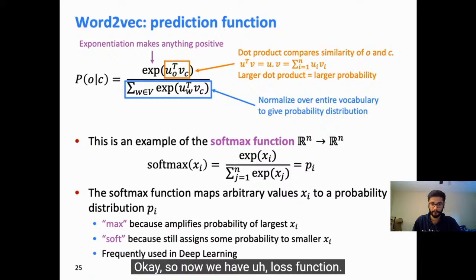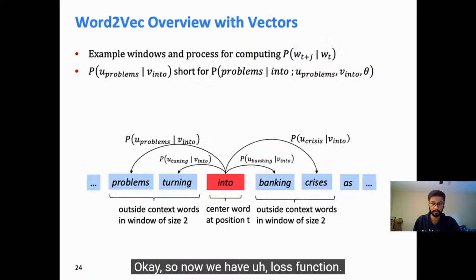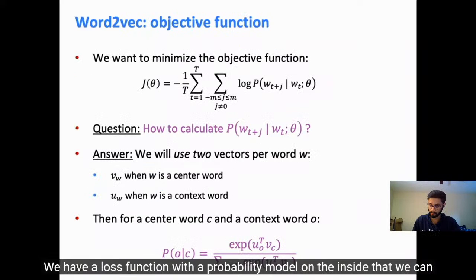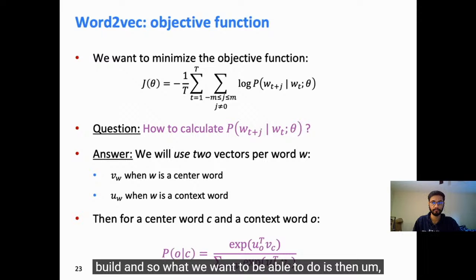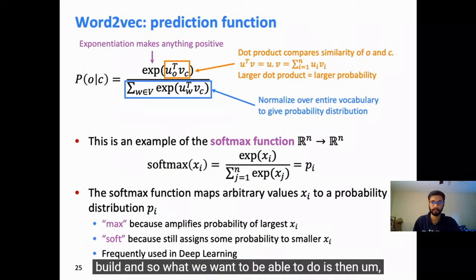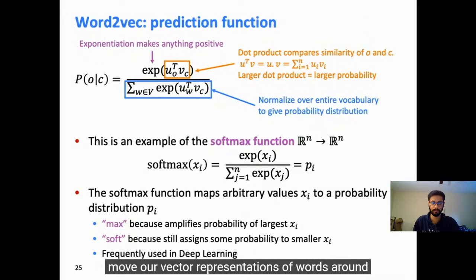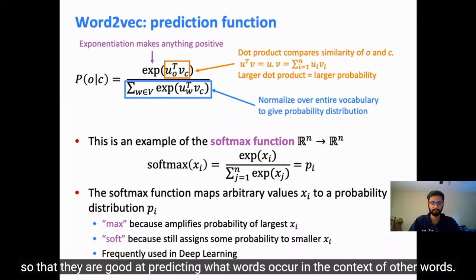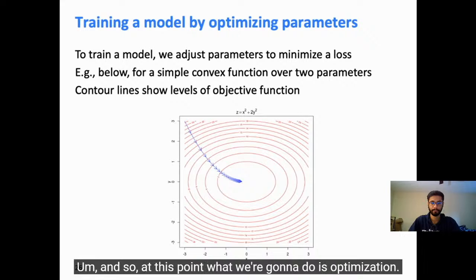Okay, so now we have a loss function, with a probability model on the inside that we can build. And so what we want to be able to do is move our vector representations of words around so that they are good at predicting what words occur in the context of other words. At this point, what we're going to do is optimization.